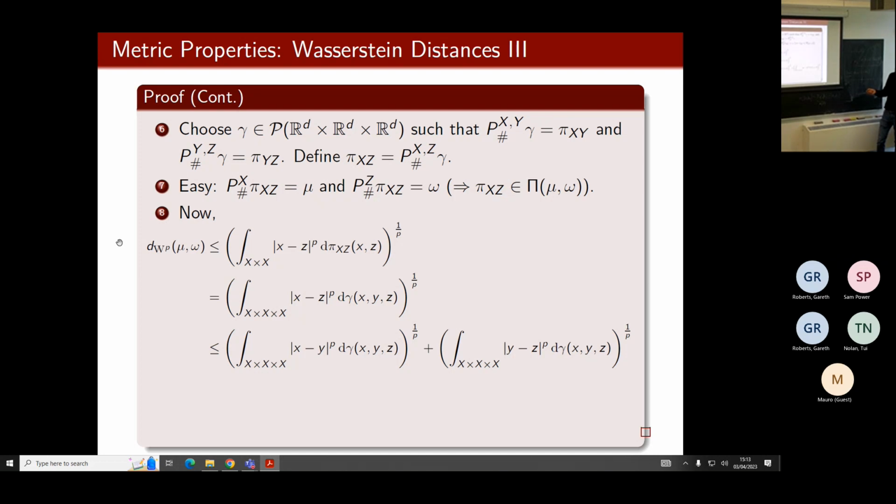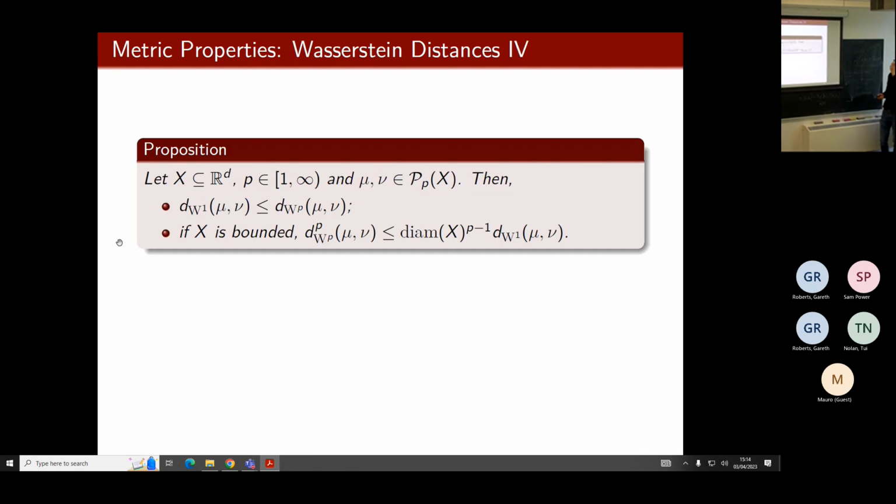Here I can take out the first marginal. So I end up with just integrating with respect to pi of xy and pi of yz. Of course, I chose these so that they're optimal, so I end up with the Wasserstein distances. Another typo, there's no equality in the last line.